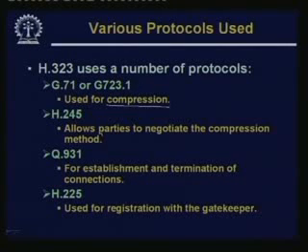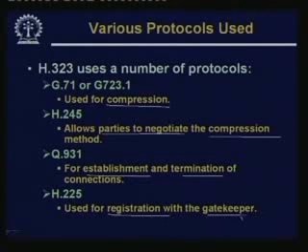There is a protocol using which the parties can negotiate exactly which compression method is used. That protocol is H.245. This is a negotiation protocol. For connection establishment and termination, you use Q.931, and for registering yourself with the gatekeeper, you need another protocol, H.225.